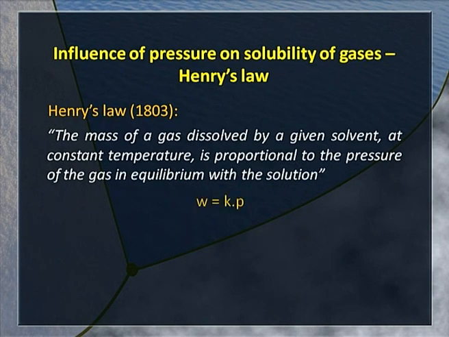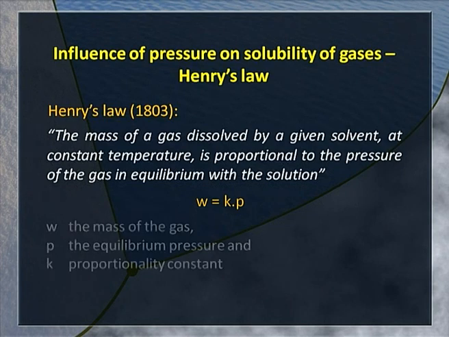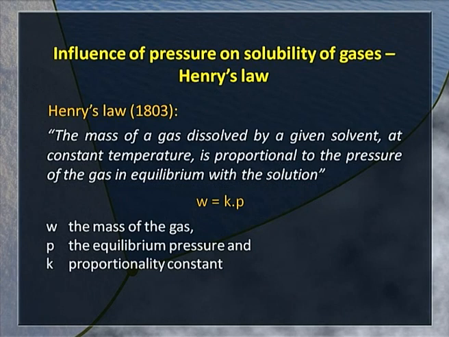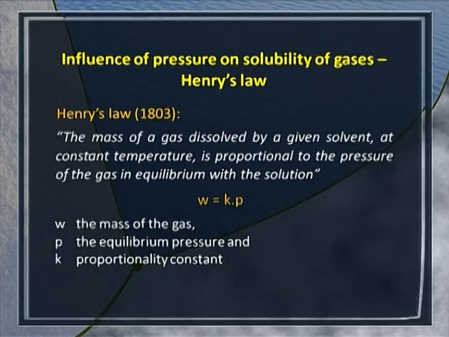We can put it mathematically like this: W = K P, where W is the mass of the gas that is dissolved, P the equilibrium pressure, and K the proportionality constant. This is, of course, the historical version of Henry's law. We know it in a different form, as we will see later.